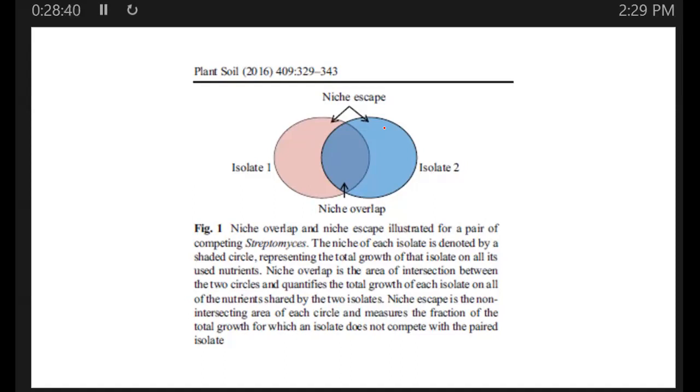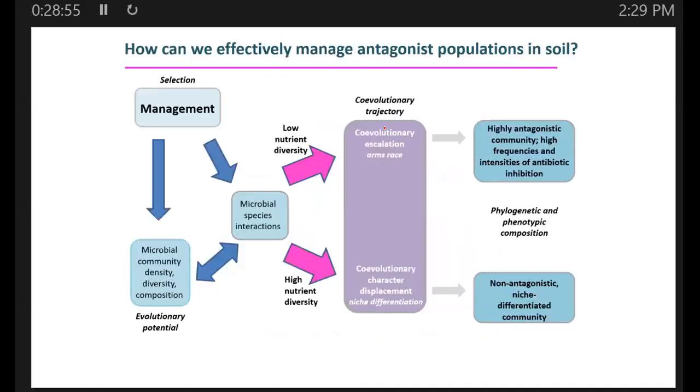So it begs the question: when you're trying to not use any kind of pesticide and you want to use biocontrol as your way of killing off any plant pathogen or inhibiting disease, what's the best way to do that?